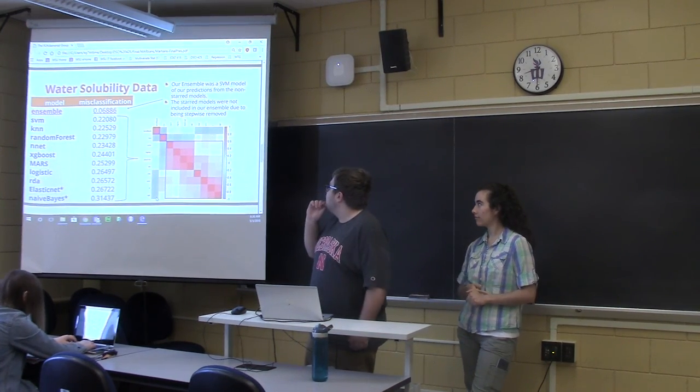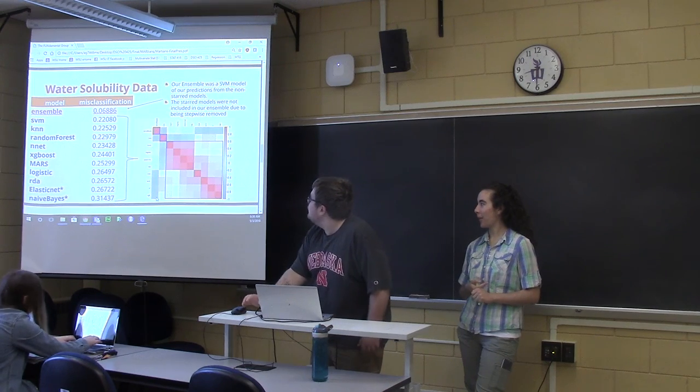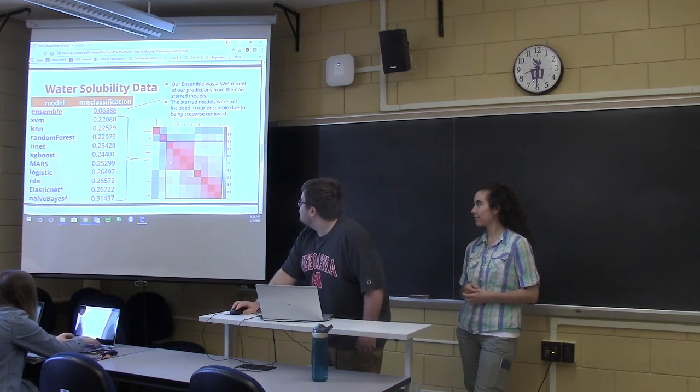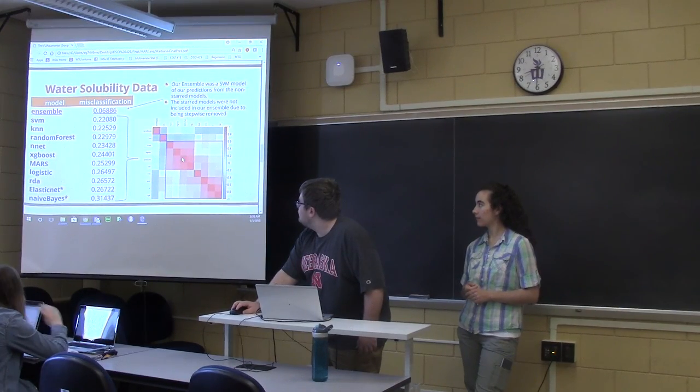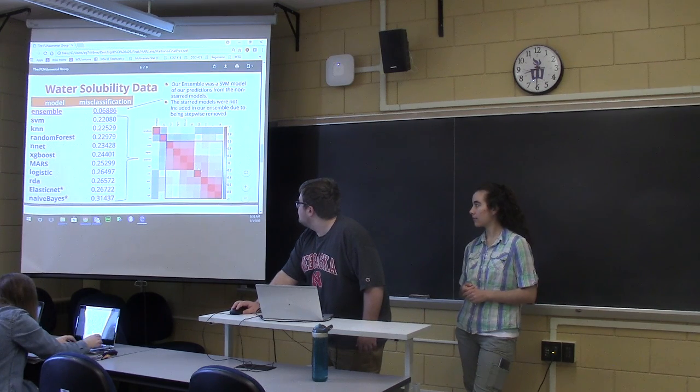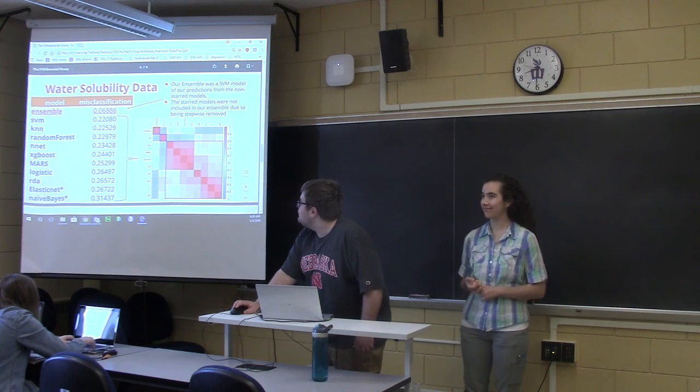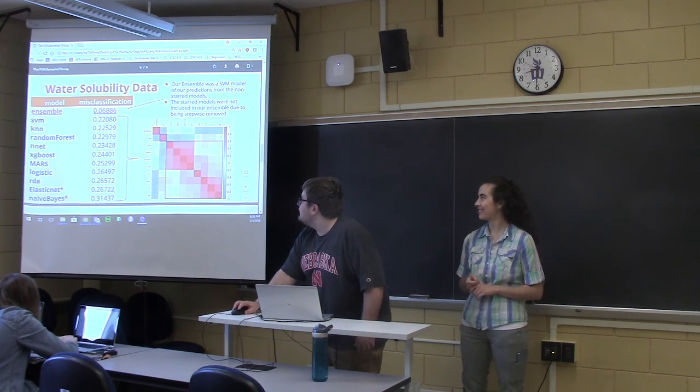And then I also eliminated ElasticNet because of the correlation structure I see here, because all of these were my good predictors. So if I remove this one, it's going to eliminate a lot of this correlation structure. And I didn't really care about what's going on down here. So I ensembled and I got a really good misclassification rate.